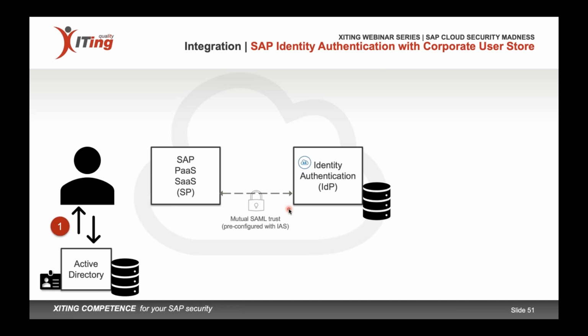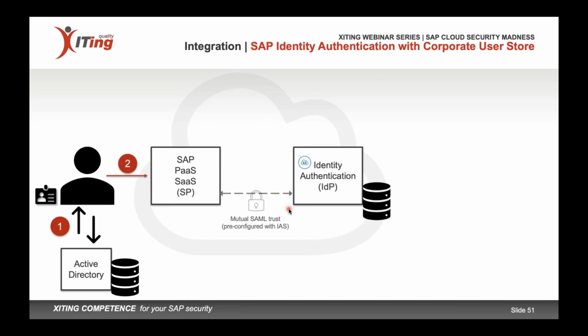Just imagine that you already have a typical customer scenario where your user is authenticating on the Active Directory, and you'd like to reuse that authentication to access all your cloud applications out there.